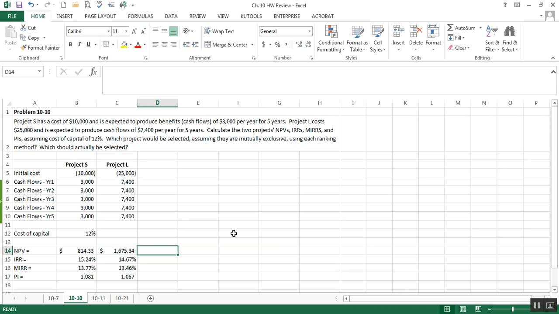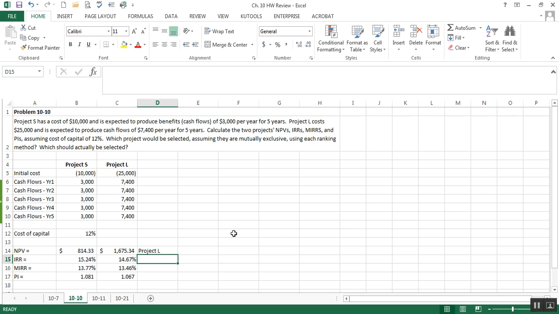So let's look at each of these scenarios to see which project we should choose if they're mutually exclusive. You'll remember that mutually exclusive means that we can only do one of the projects. Looking at net present value, it's going to be Project L, which has the higher net present value.